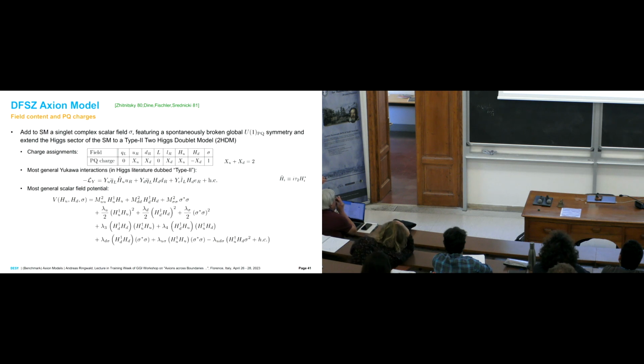And now you can write the most general scalar field potential. There are quite a number of terms, the quadratic terms. Most of these terms are in any case the allowed ones by gauge invariance.